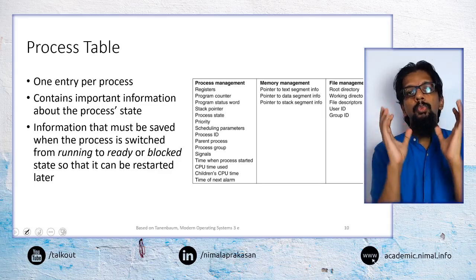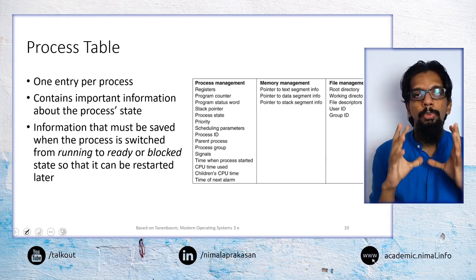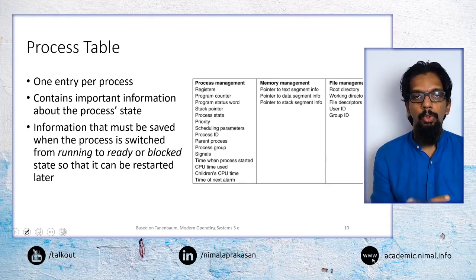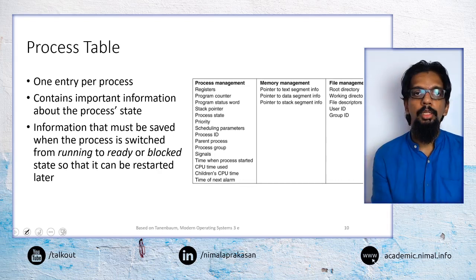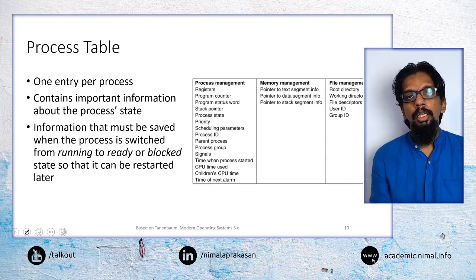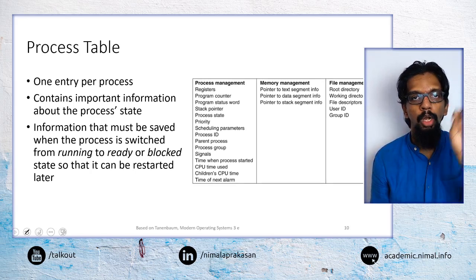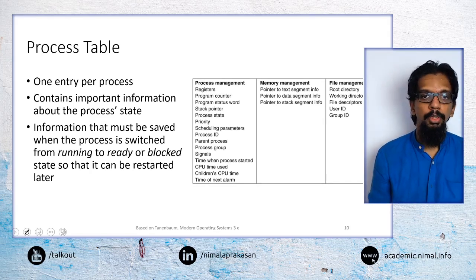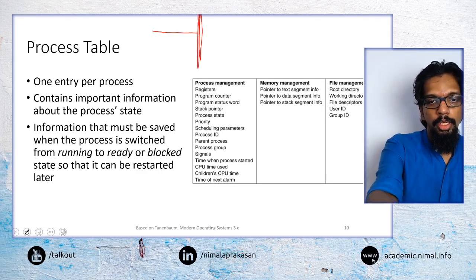When we think about how the process scheduler can switch between these different processes, we have to think about certain things. Say you are running a process, let's take Word. The Word process is running for a period of time, and then it stops here.